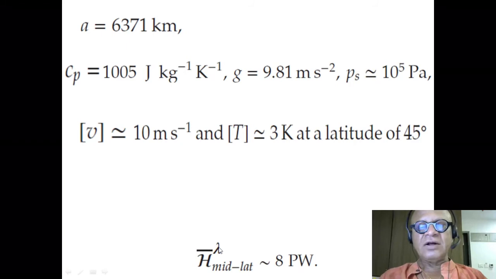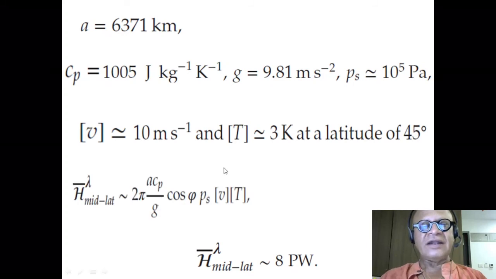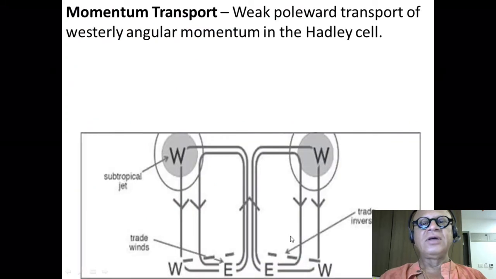You will get mid-latitude northward heat transport of 8 petawatts. This is what the eddies have to accomplish. We have seen all these wiggles in the eddies, and we plug these numbers into this equation and we end up with about 8 petawatts.